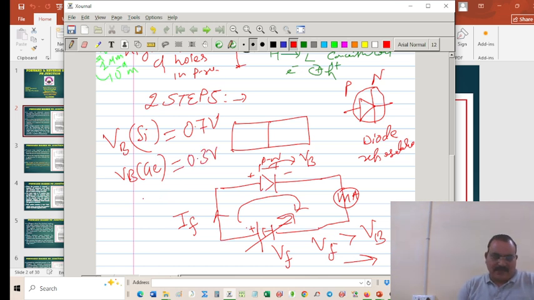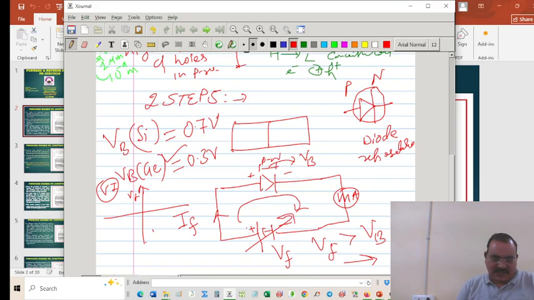Okay, what does this mean? If I want to see the VI characteristics, suppose I take germanium, then up to 0.3 volt, this is your forward voltage.